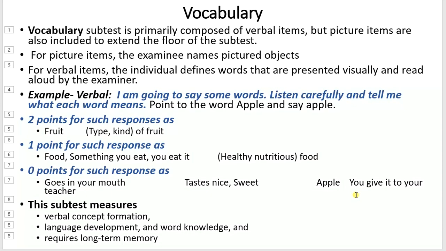For picture items, the examinee or testee is required to name the picture. The picture is shown and they are asked, "What is this?" and they just name the picture. But for verbal items, the individual has to define the words that are presented visually as well as read aloud by the examiner.